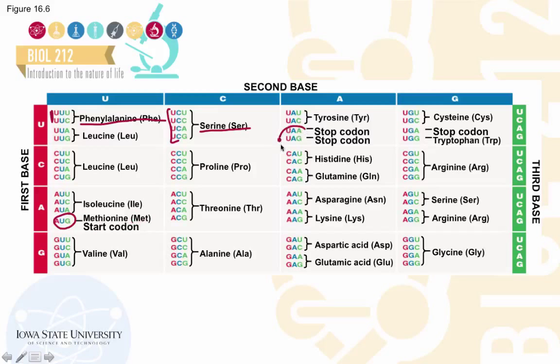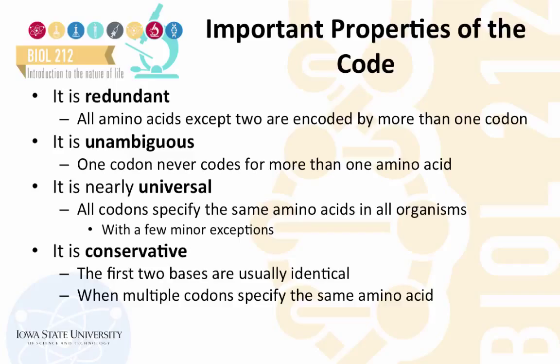And there were 3 stop codons that always signaled the end of protein synthesis. This table is called a codon table that is frequently used to figure out the amino acid sequence given an mRNA sequence.